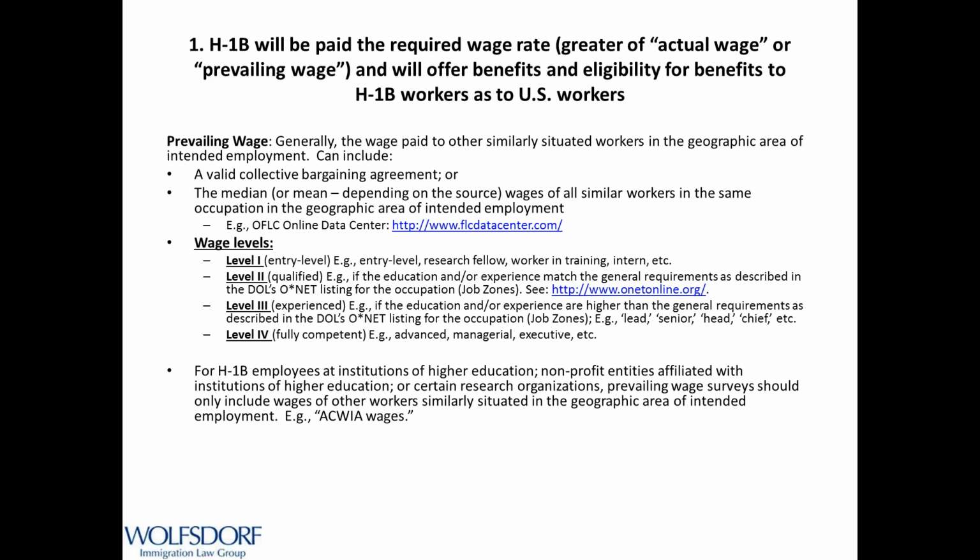This is referred to as ACWIA wages, and notably the OFLC Online Data Center provides a drop-down for either all industries, which can be used for everyone but those types of organizations, or higher education or ACWIA wages, which is specific to what I just said.